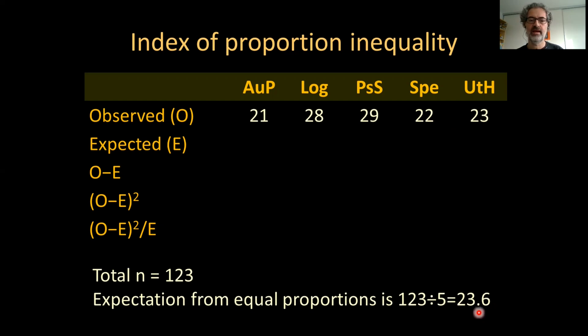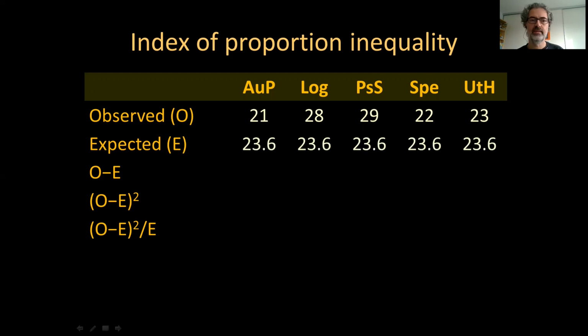Of course, you can't have a decimal number of students in any track, but this is the math that we have to do now. So the calculations require that we use the expected value as derived from this division. So you're going to use this number for every track as the expected count.